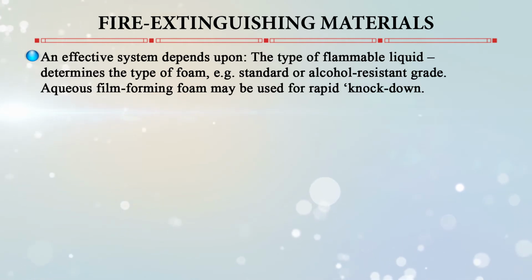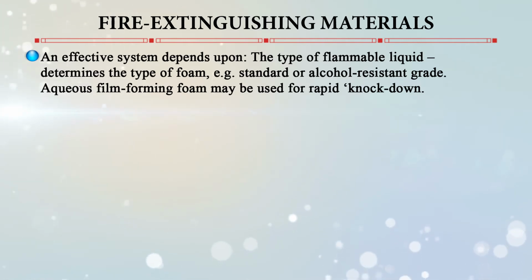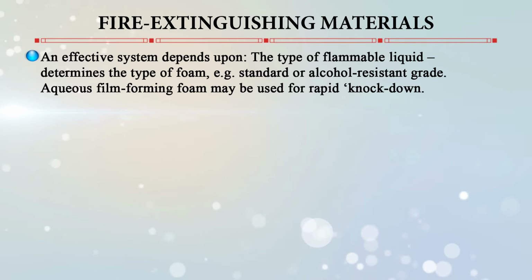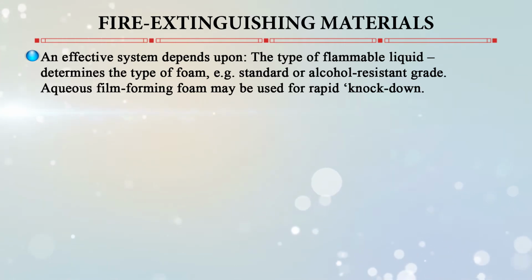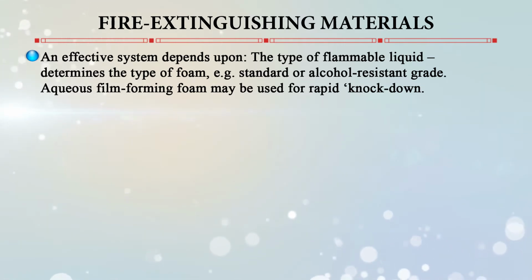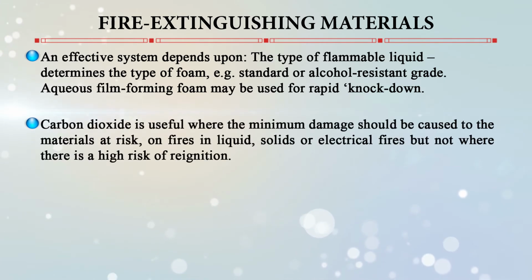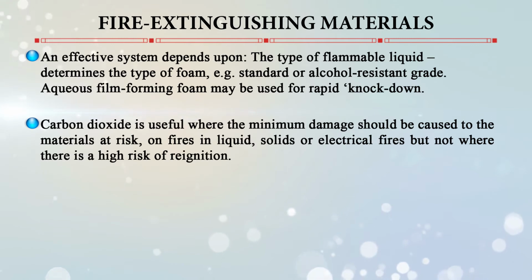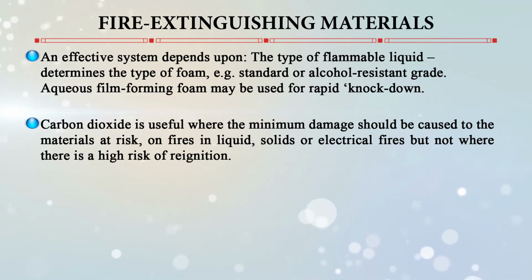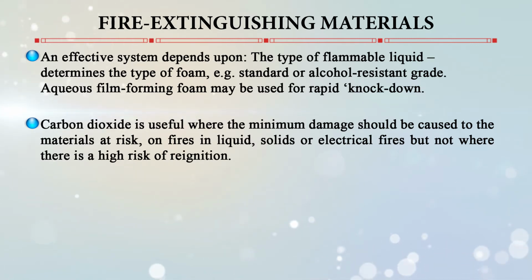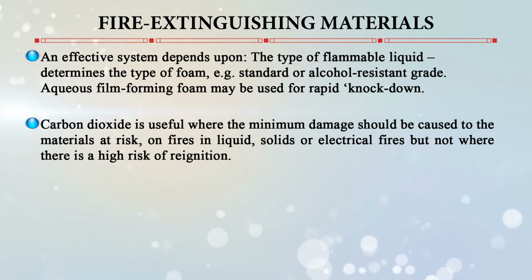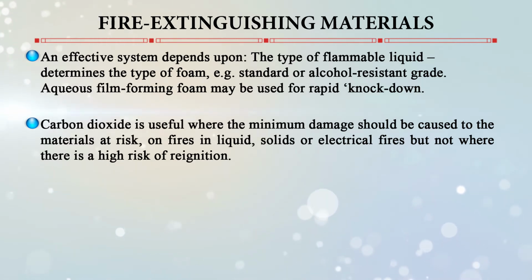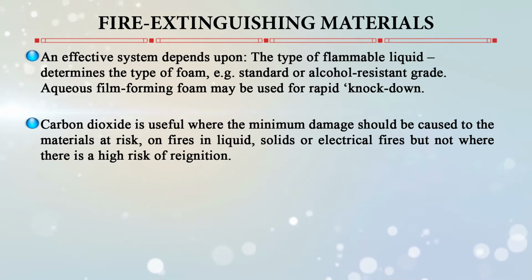For example, standard or alcohol resistant grade may be used, and aqueous film forming foam may be used for rapid knockdown. Carbon dioxide is also useful wherever minimum damage should be caused to the materials at risk, like in liquid, solid or electrical fires, but not wherever there is a high risk of reignition.